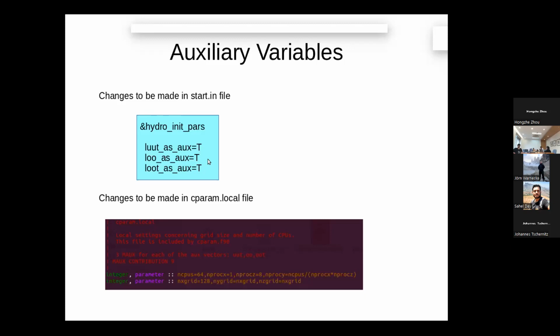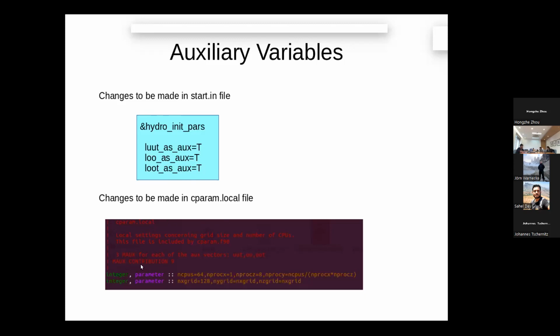Before that, we need to allot this space in the F array. For that, we need to make a modification in the cparam.local. In the cparam.local, we need to increase this MAUX_CONTRIBUTION to 9, because here I've used three auxiliary variables. I have to increase that many spaces in the F array. I hope people can see this.